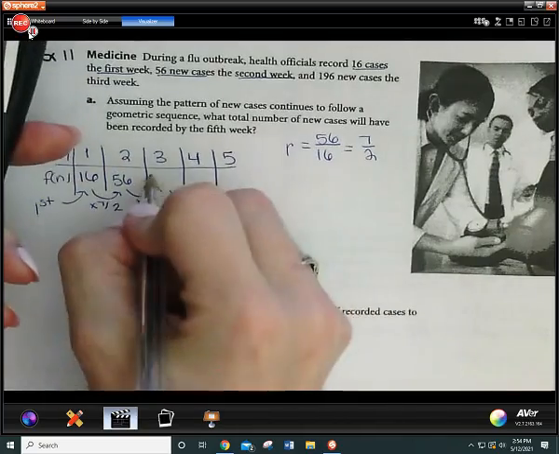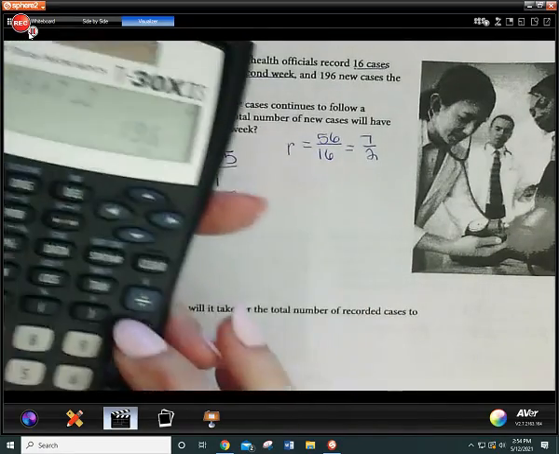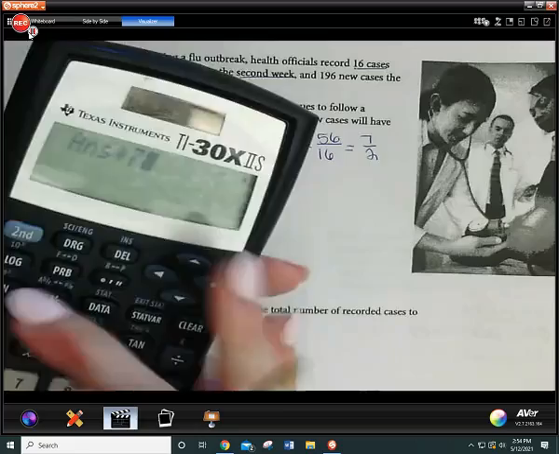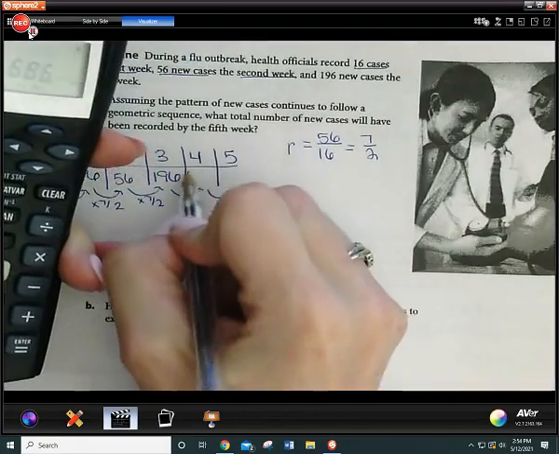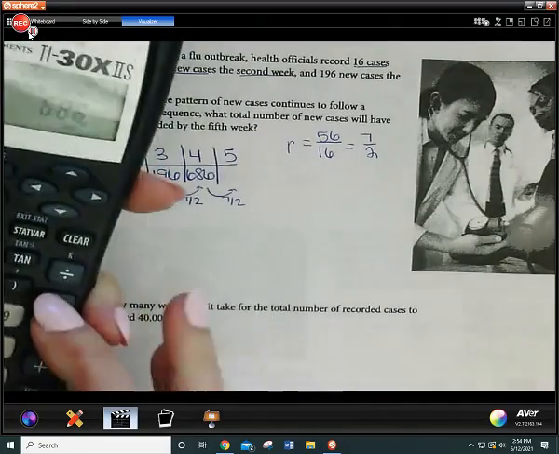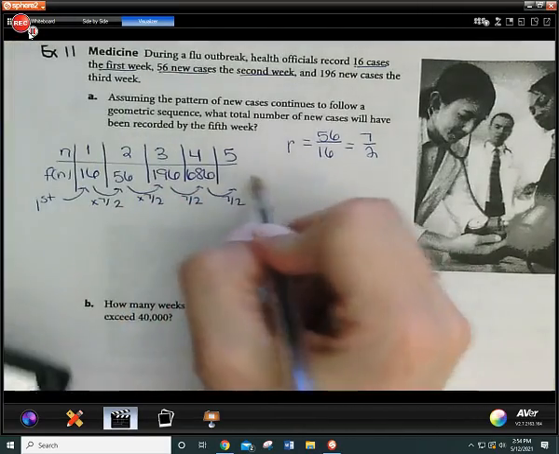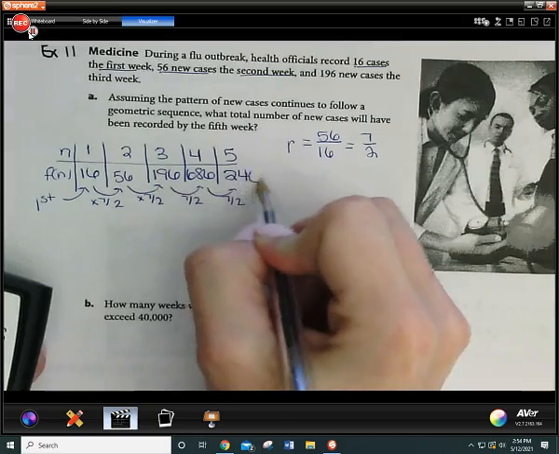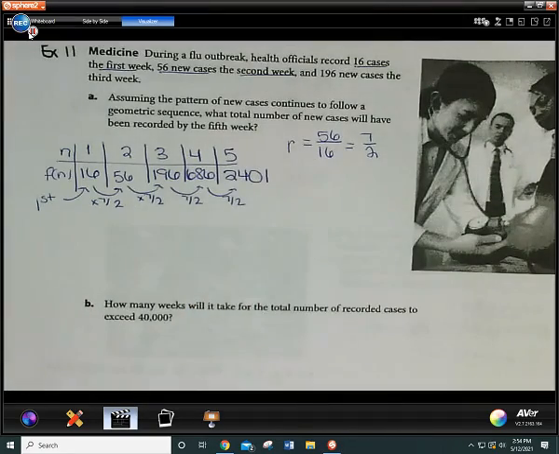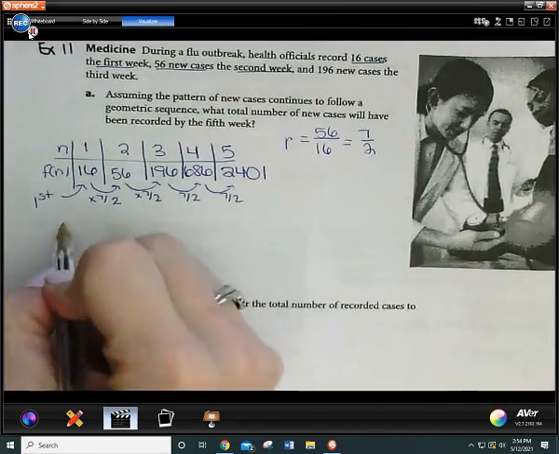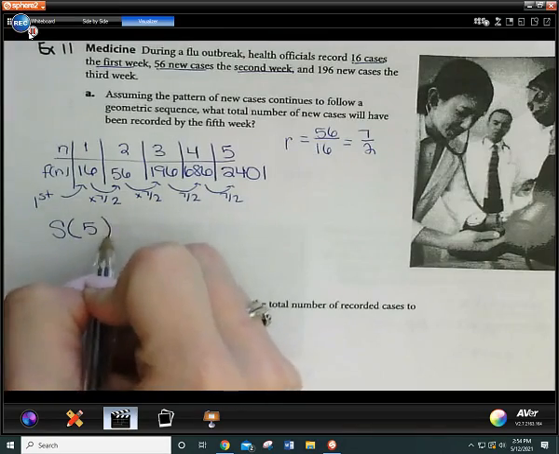Okay, so we get 196. We're going to take that times 7 halves, 686, times 7 halves. And so we get 2,401.